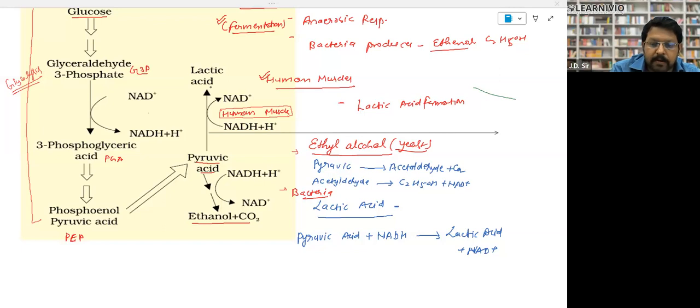How? Look, in aerobic respiration, the end product is carbon dioxide, water, and energy. All are inorganic. In anaerobic respiration, the end product are ethyl alcohol or lactic acid, plus carbon dioxide. So carbon dioxide is inorganic, but lactic acid and ethyl alcohol are not inorganic. They are organic.